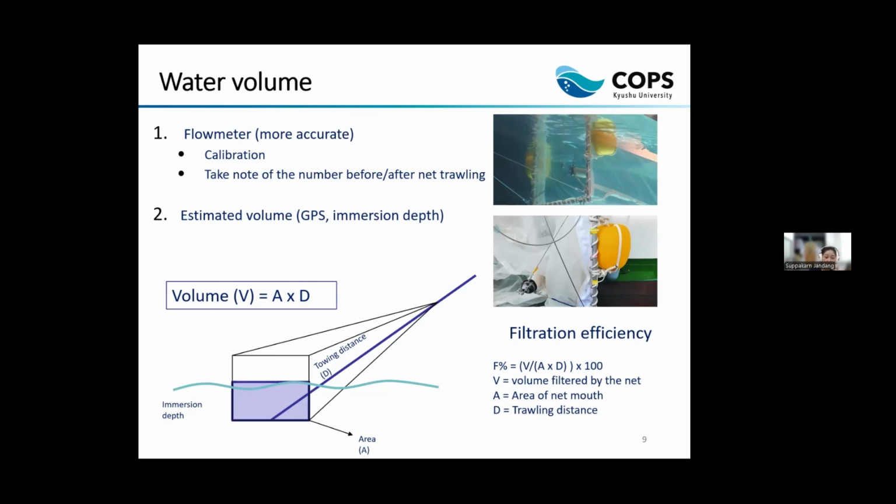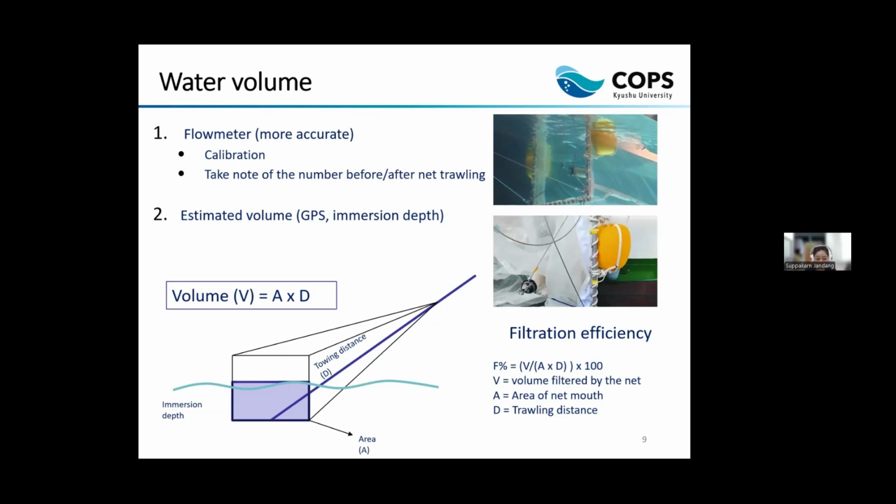So they asked us, is it necessary to use a flow meter? Actually, it's not. You can use a net without the flow meter, but if you have one, it's recommended because it's quite a bit more accurate. You don't need to convert the unit or whatever later. But if you really don't have it, it's okay. You can still conduct your research.